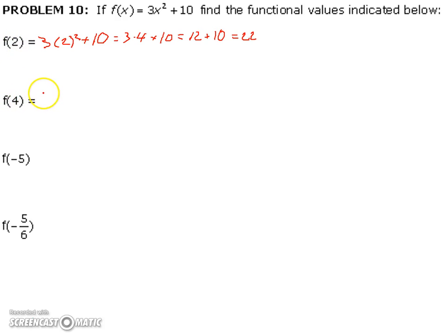Here we got an input of 4. So the only thing we're changing is our input value. Everything else, the rule, is going to stay the same. The order of operations doesn't change, so you're still going to do your exponent first.